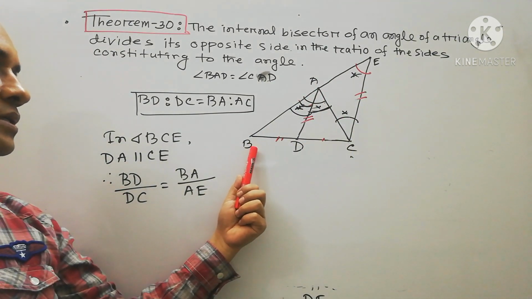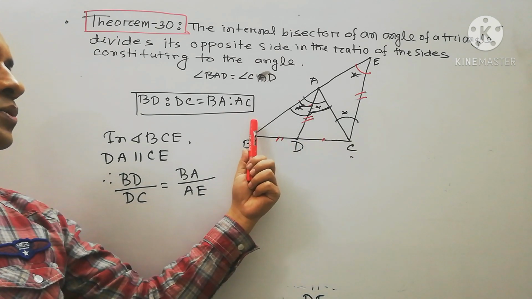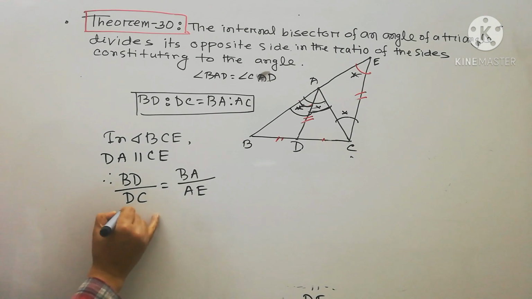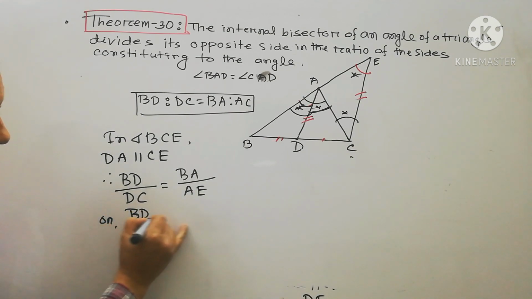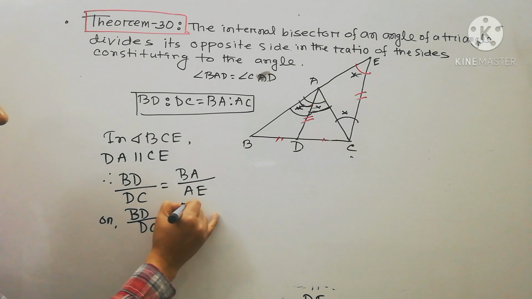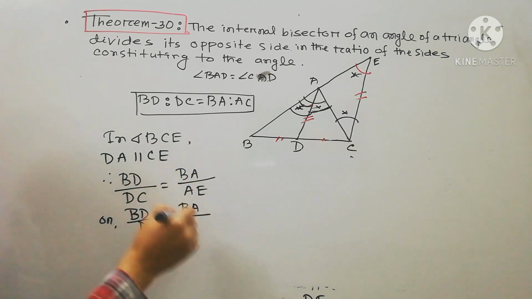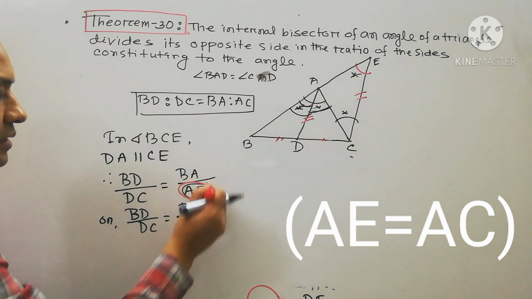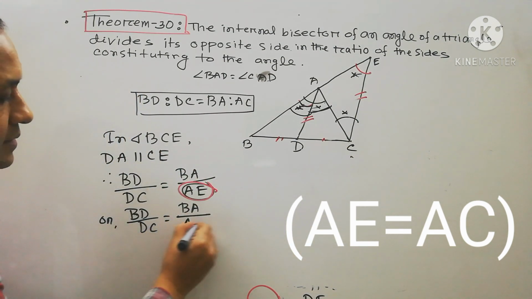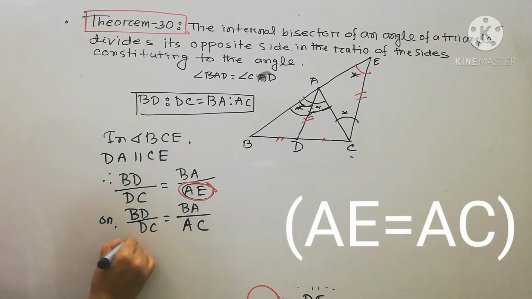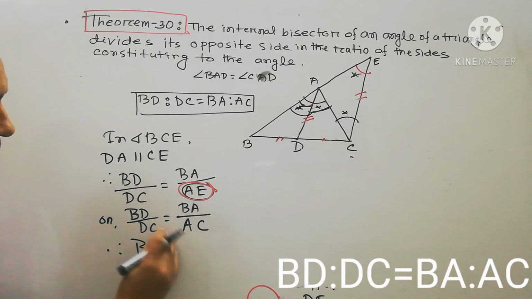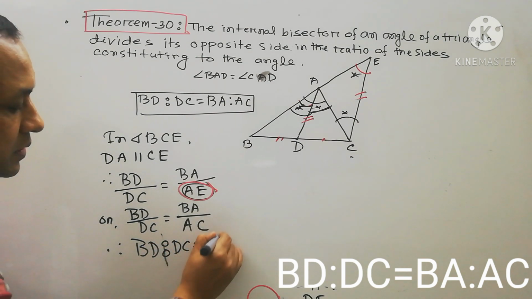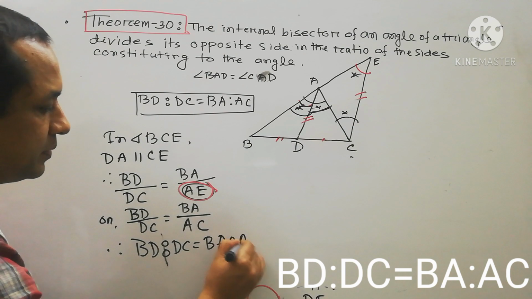So we can write BD by DC equals BA by AE. Now we have BD by DC equals BA by AE. Putting the value of AE equals AC, we can write BD is to DC equals BA is to AC.